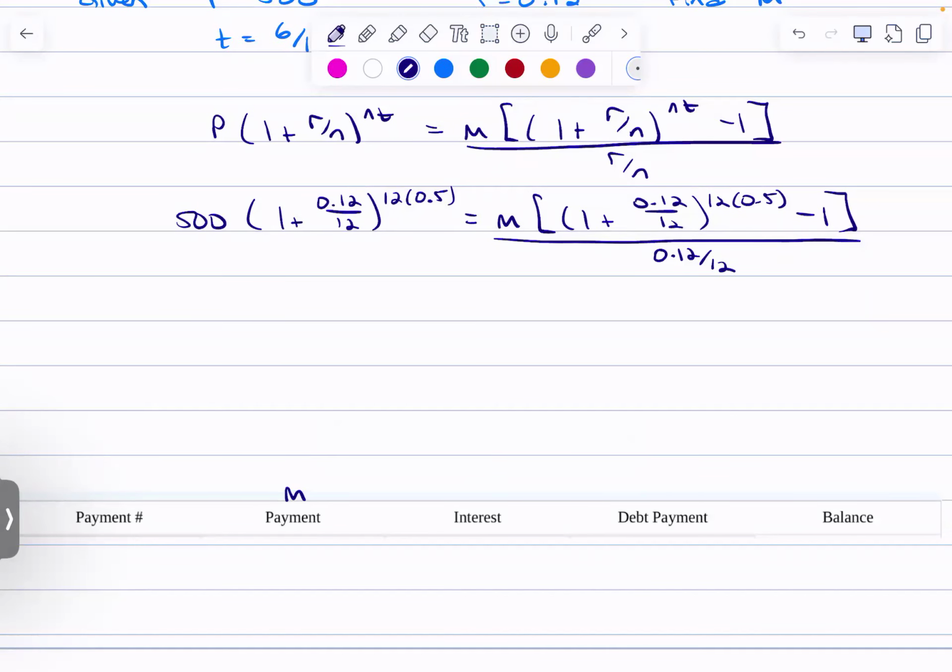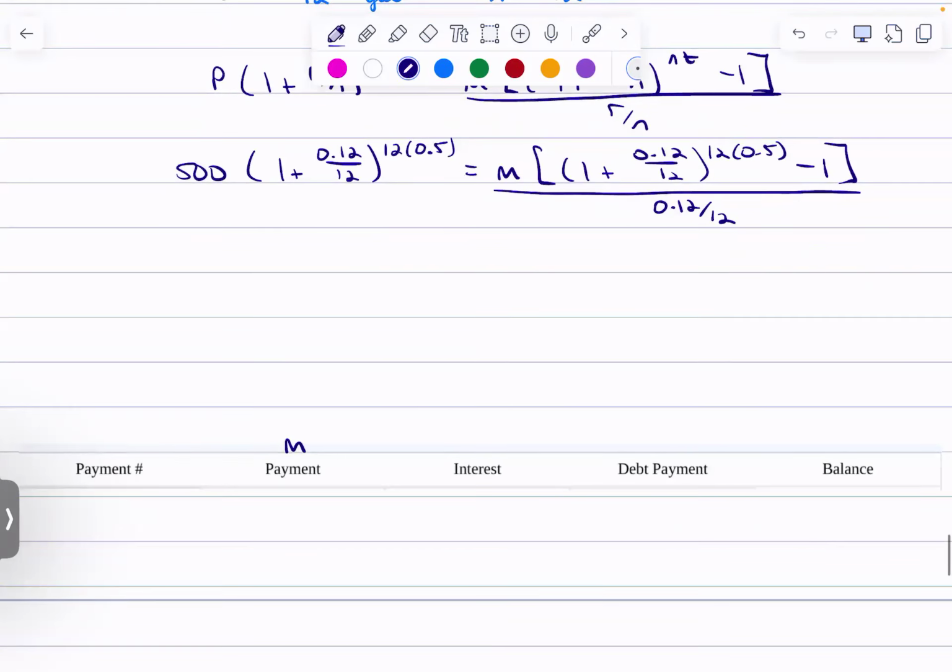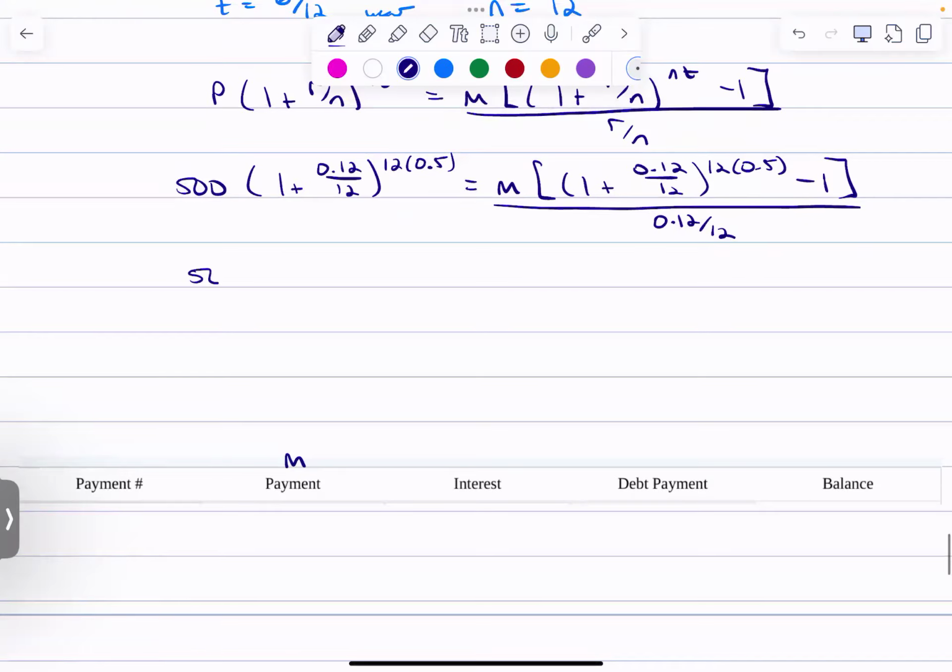0.12 over 12 is going to be nice, which we're grateful for. So I'm going to do plus 1. 1.01 to the power of 6.